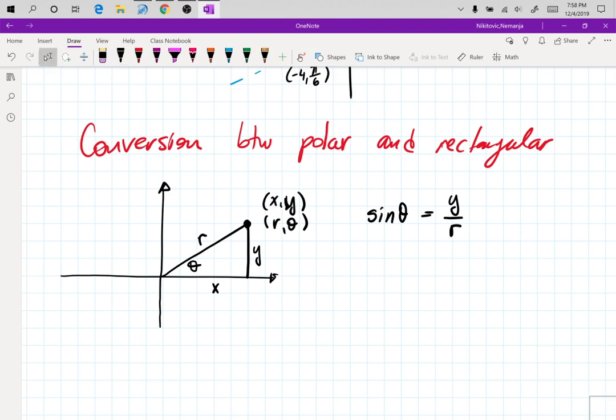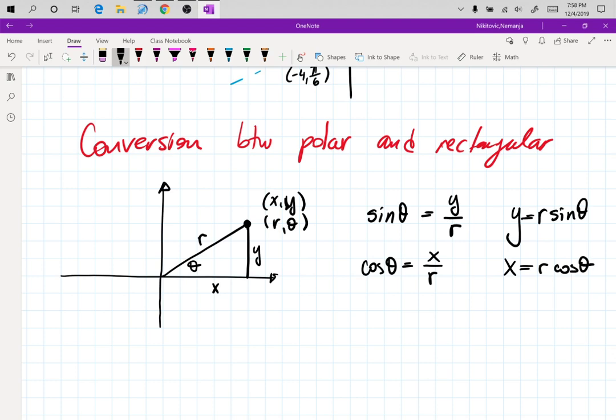So you will solve this one for y, and you will get y equals r sine theta. If you write a cosine equation, it will be x over r, because it's adjacent over hypotenuse. Again, r and theta are present in the equation, so you can compute x because r and theta are both given to you.